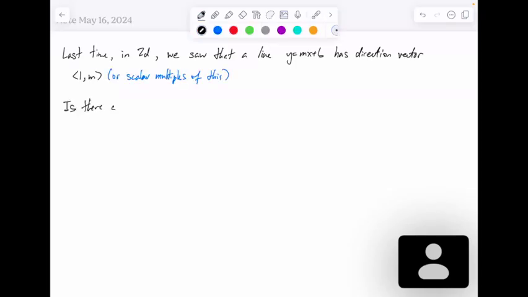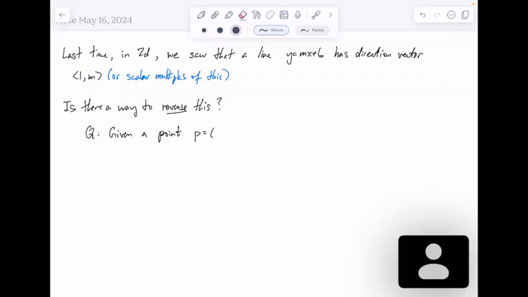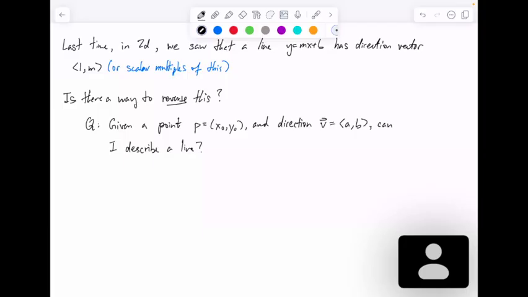So now, is there a way to reverse this? The question here is, given a point P equals x and y in coordinates, maybe I'll say x naught, y naught, and direction v with, let's say, components a, b, can I describe a line? Let me draw a crude diagram here. So here's x, here's y. Here's a point that I want. It has coordinates x naught, y naught.